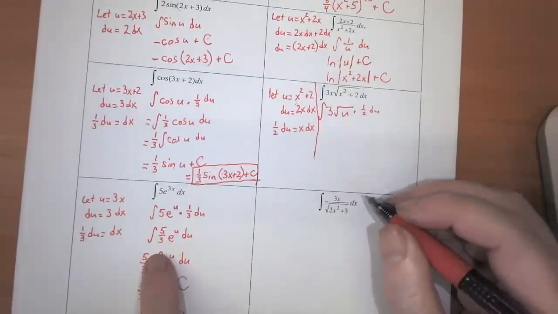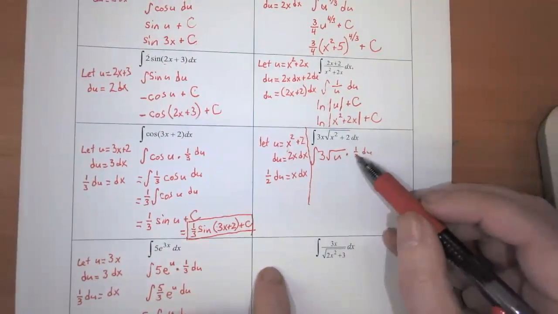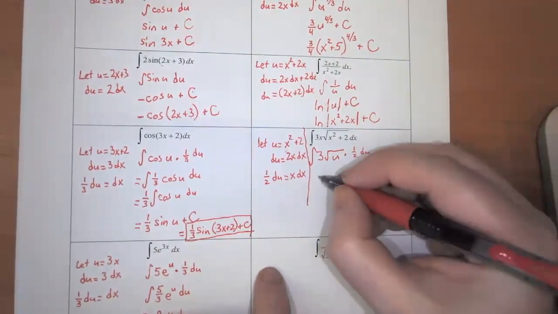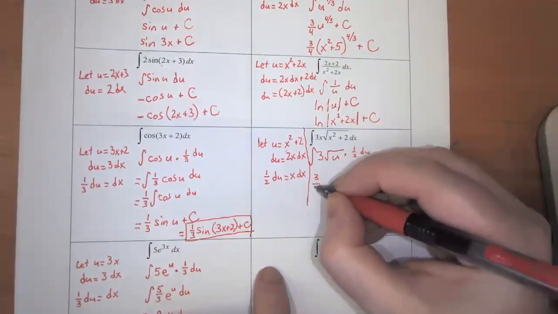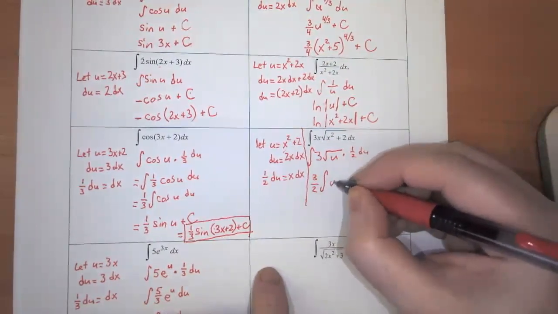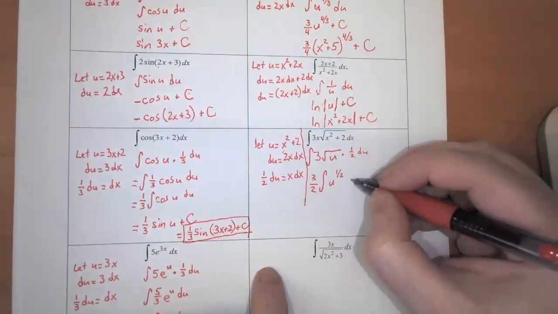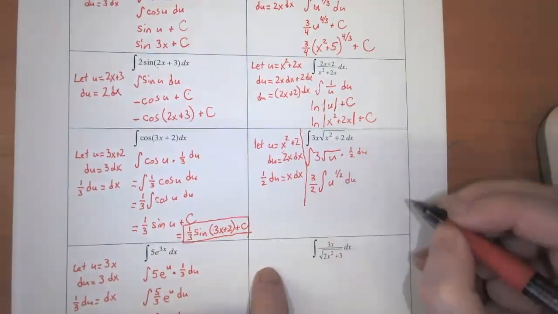So it's really a little bit more like this case here. I've got my 3 and my 1/2. I'm going to move those outside of my integral, and I'm going to express this as u to the 1/2 du.